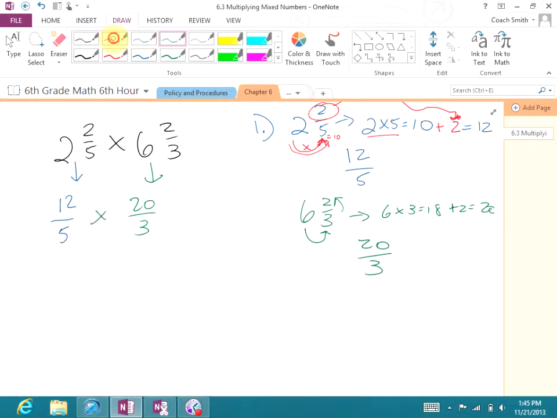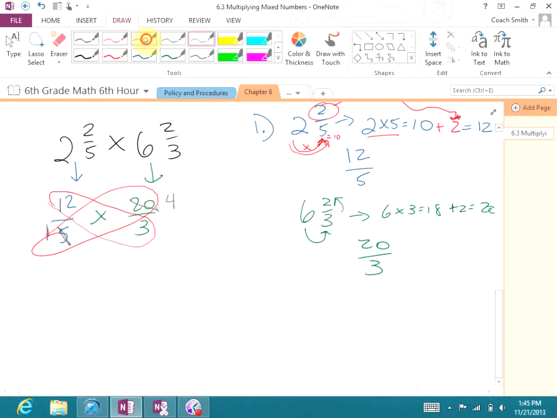Now, we look at cross-canceling. Okay, is there a common factor between 20 and 5? 5 is the common factor. 5 goes into 5 one time. 5 goes into 20 4 times.